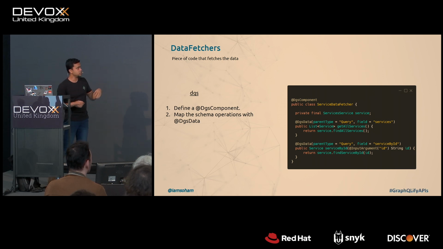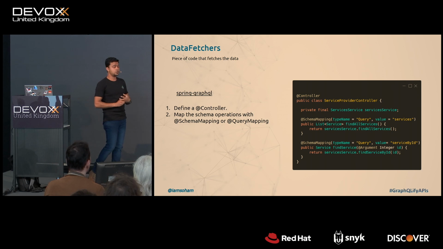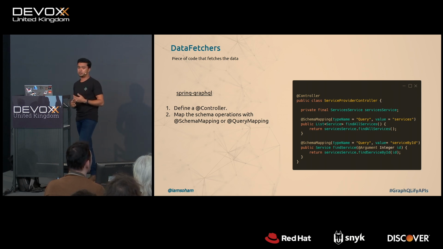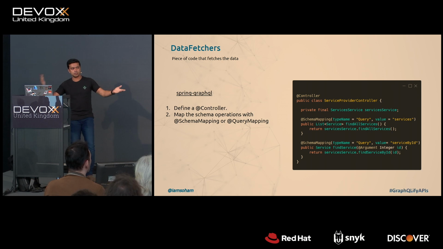So the name services by ID, I could have omitted it. Spring for GraphQL also follows the annotation-driven approach, but here your class is annotated with a controller because they wanted a similar approach to the rest. But you do a schema mapping where you say what the type is and where it is mapping to. So pretty much similar to DGS data.